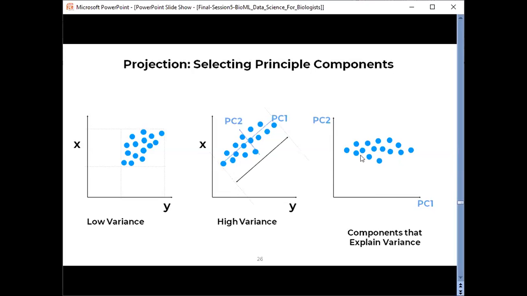One important point to remember about principal components is that the first component explains the maximum variance of the data, followed by the other components like PC2. So PC1 would be the component that explains the maximum variance in your data when you present your samples in a space.